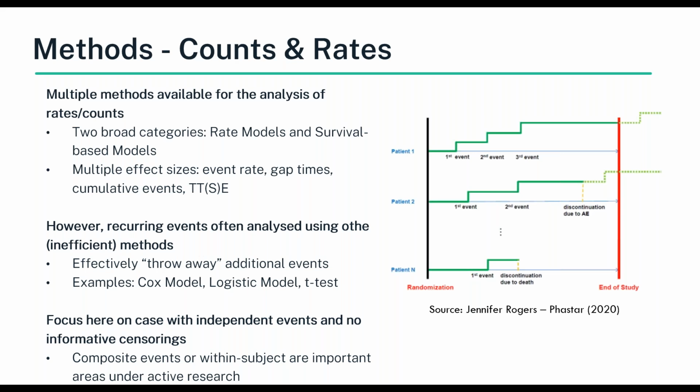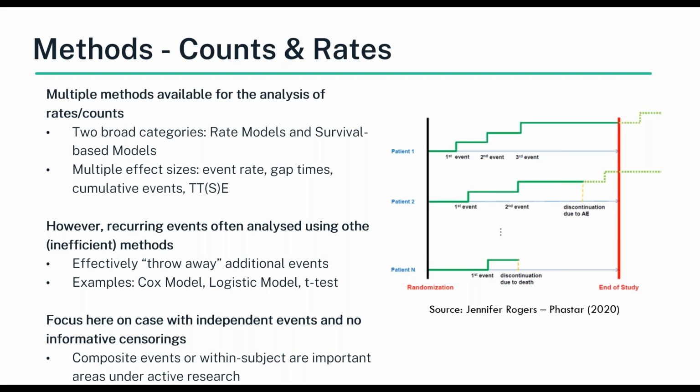And so all of this kind of feeds into the idea of having different definitions for the effect size. So you may have your classical event rate or incidence rate, or in the context of survival models, you may have the gap time, the cumulative events, or indeed you can even have your time to a subsequent event. So many of these methods and effect sizes are very well known to most statisticians.